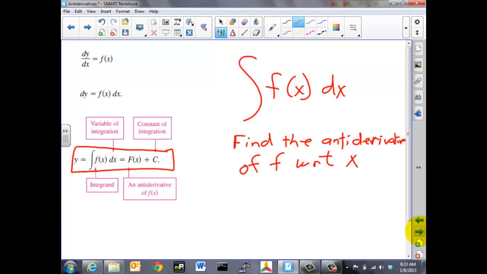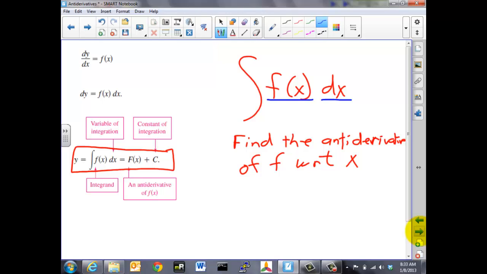If there are other letters in there, like y's and z's and r's, they would be considered constants. This says find the antiderivative of f with respect to x. I want you to look closely right now at this and this and think about what we were doing last week.